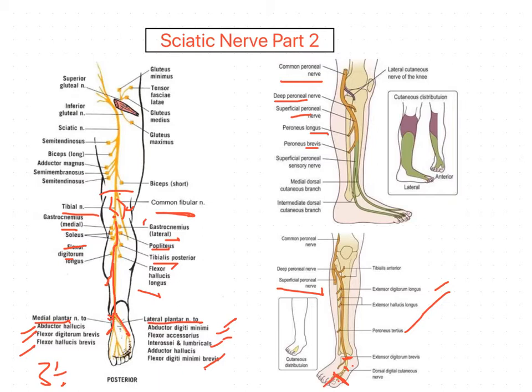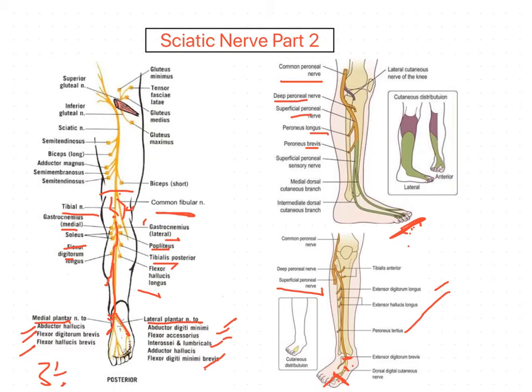Now the superficial peroneal nerve. It has cutaneous branches to most of the dorsum of the foot, including digital branches to the medial side of the big toe, and also the adjacent sides of the second, third, fourth and fifth toes.